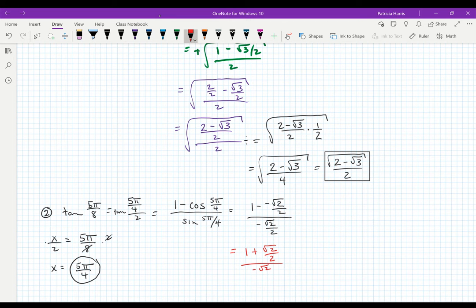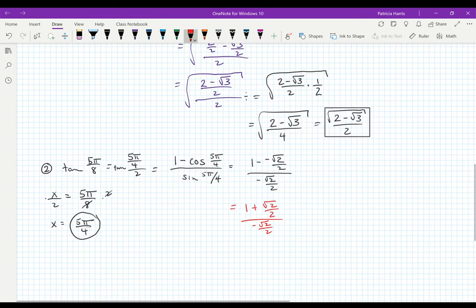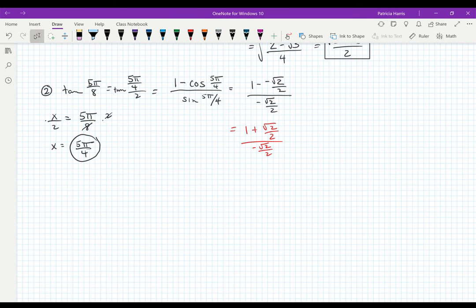Again, we have that complex fraction. Okay, we need to find the common denominator. 2 over 2 plus radical 2 over 2. All right, so now we have something that looks like this. Lots of 2's.